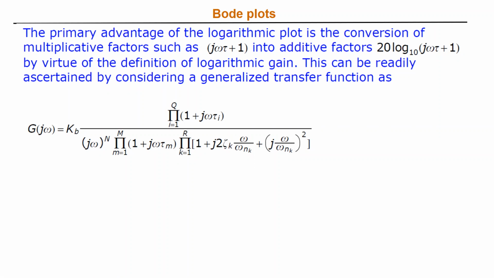We have said there are many advantages to using the Bode plot, in the sense that we will be using 20 log of the magnitude, and that will help us change the multiplication of factors into addition and subtraction.